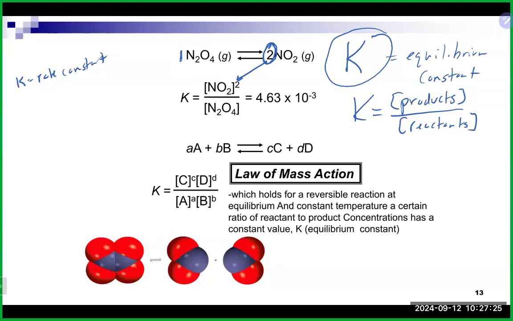Obviously here, that's a 1. And much like most things in chemistry, we don't really write the 1. We just leave it blank. So again, if you don't see anything written, it's assumed to be 1. In general, you take the concentration of the products over the concentration of the reactants to get your equilibrium constant value here.